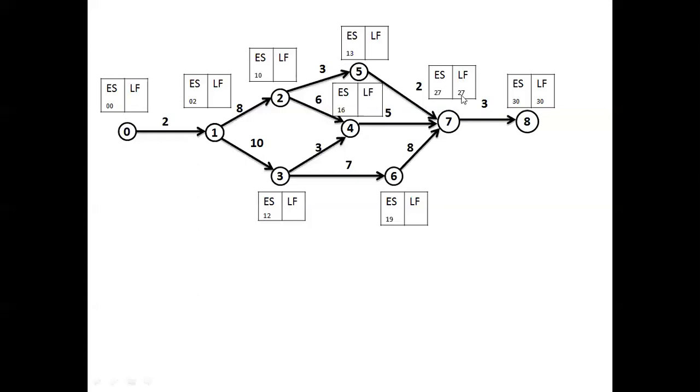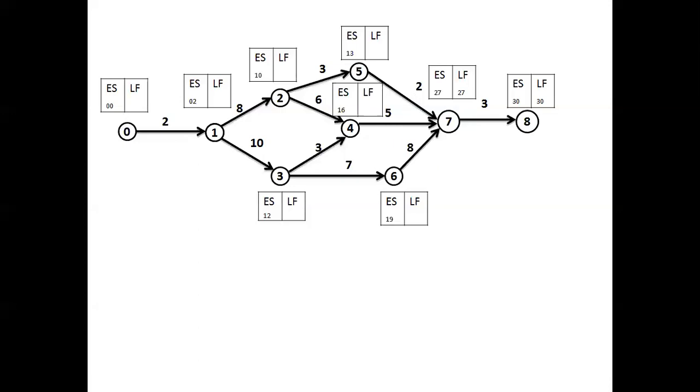So 27 is the latest finish time for the three activities 5 to 7, 4 to 7 and 6 to 7. This means these activities can be finished latest by the 27th. On the 27th, all three activities must be completed.